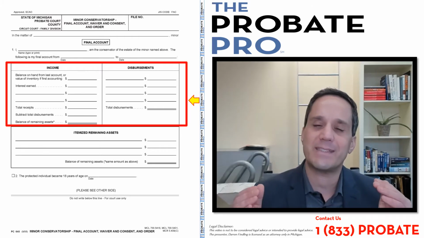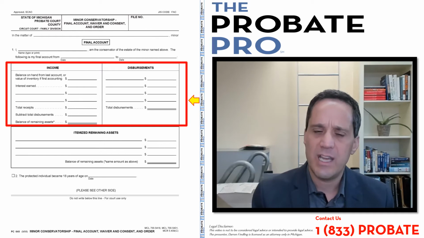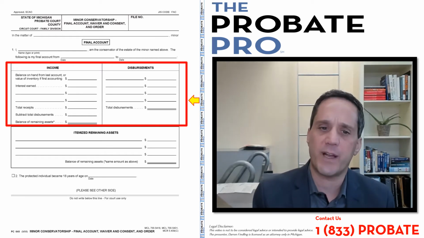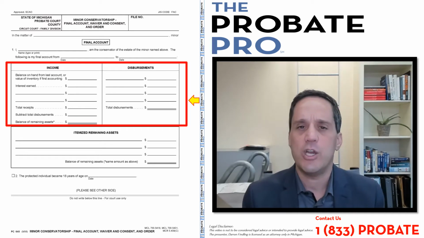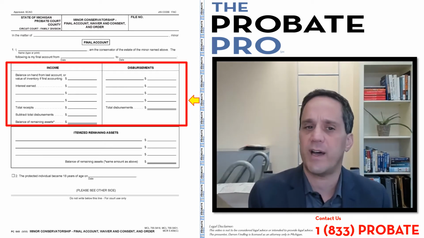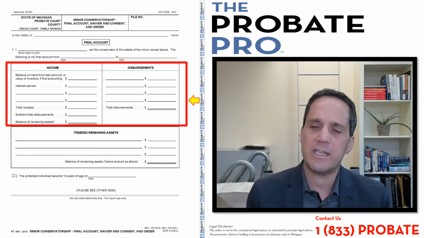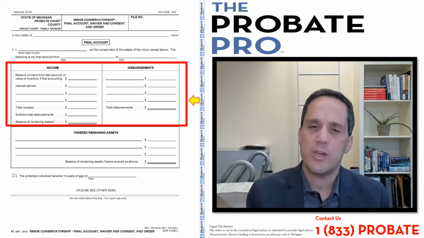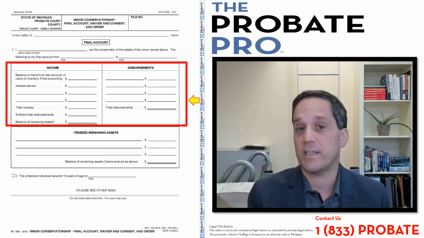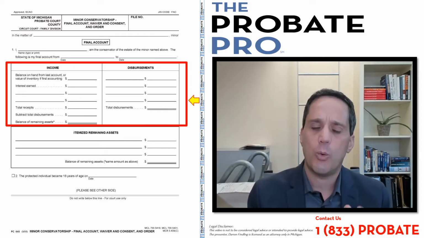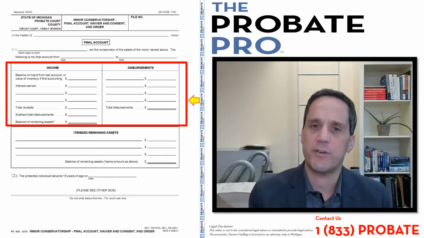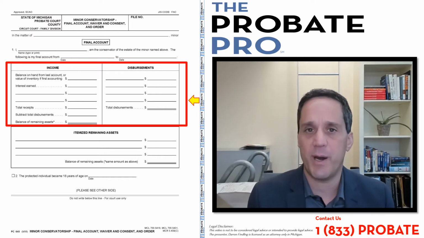These are the expenses that have come out of the estate. And usually in a minor conservatorship, there's a restriction for the use of funds. So typically these are tied to petitions for use of funds. So again, the income coming in, the disbursements going out. That shows the court, as well as the interested persons in the estate, what has come in and out of the estate during the conservatorship time frame specified above.